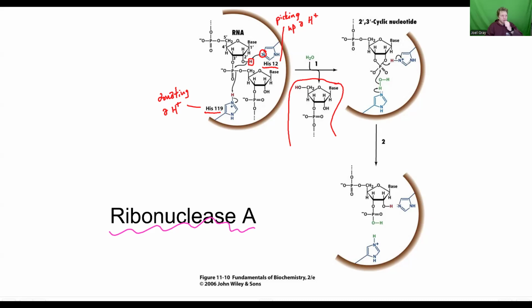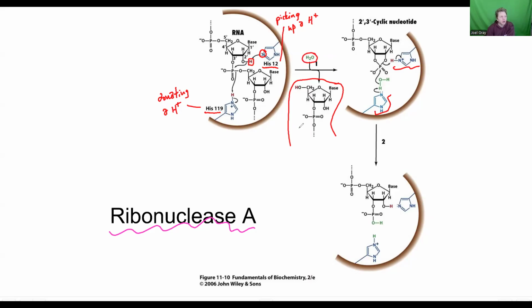In addition to that, notice how His 12 right here, in the second cell, is protonated, and His 119 down at the bottom is deprotonated. What is moving in to participate in our reaction beyond this is water.